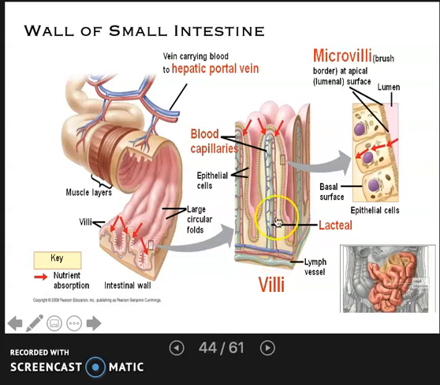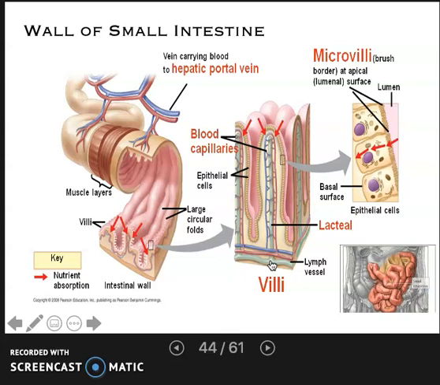Blood's going to come in through the artery, pick up nutrients, deliver oxygen to these tissues, but absorb a bunch of stuff. Now remember, we're right down in the guts. There's lots of bad guys in the guts, and so that lymphatic vessel is also carrying white blood cells.